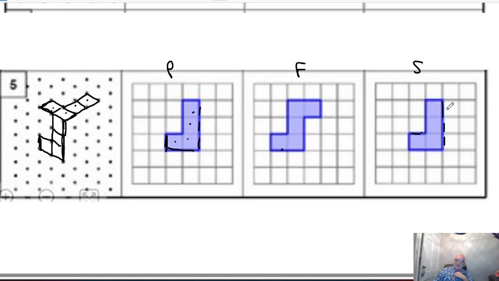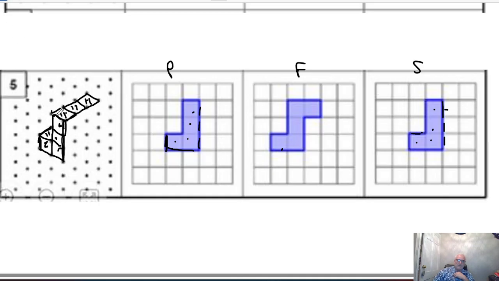Okay, and we can see we've got 1, 2, 3, 4. Now this one at the top here though, if you remember, we've got that square and I can see that from the top. Okay, but I haven't got this one at the top. The side elevation says I don't have anything at the top here, so I would need to rub out that part there.